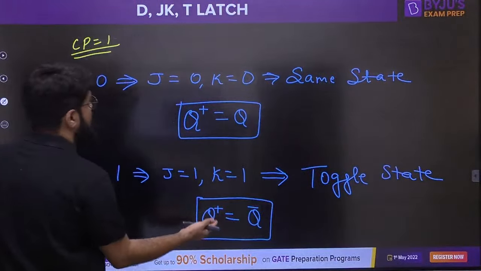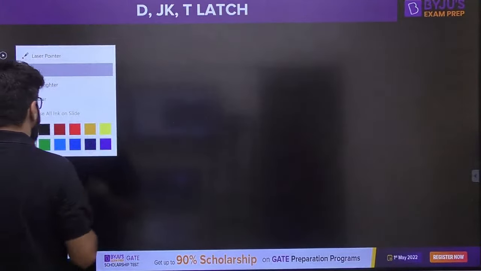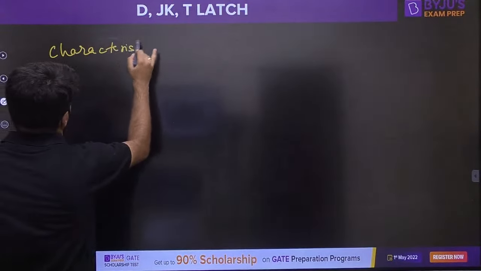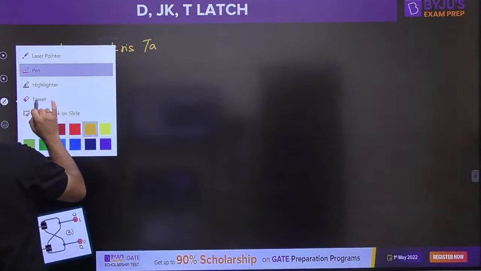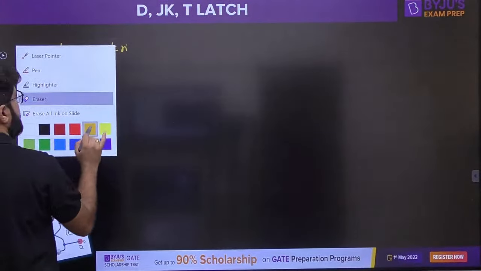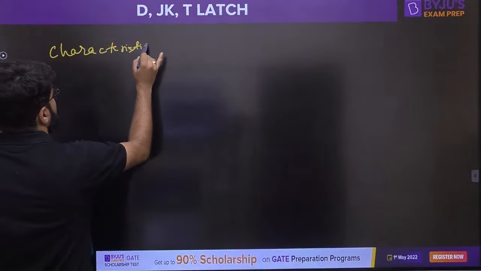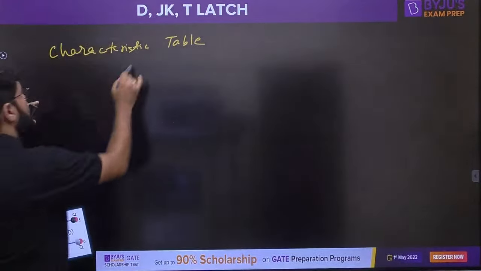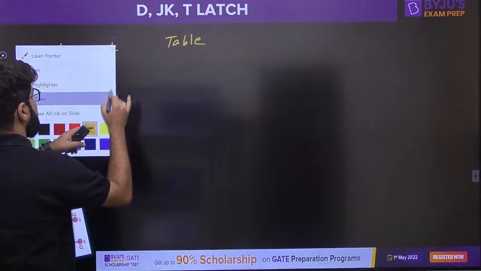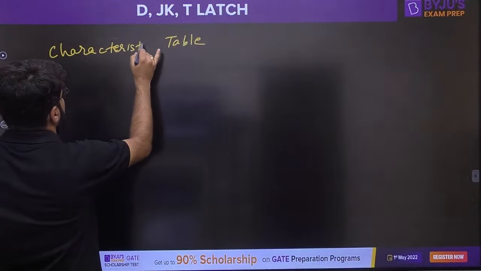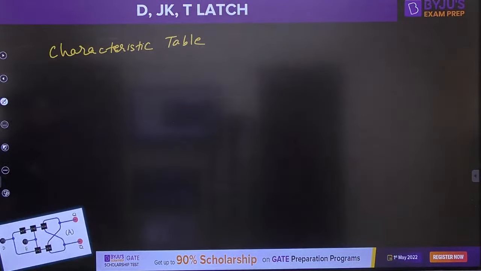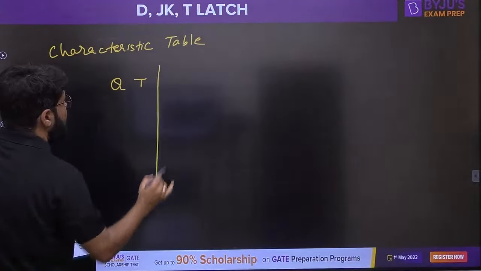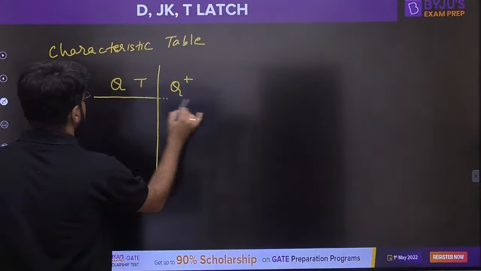Now, since we know this already, what is the characteristic table and characteristic equation? Let me write this clearly once again. In the characteristic table, I have the input Q, I have the input T, and then I have the output, that is the next state of the latch, Q plus.